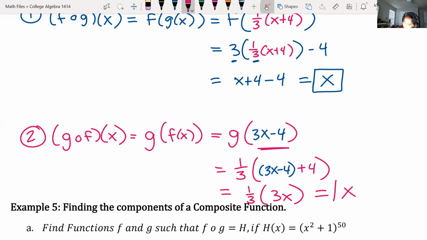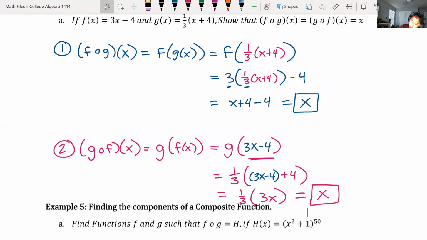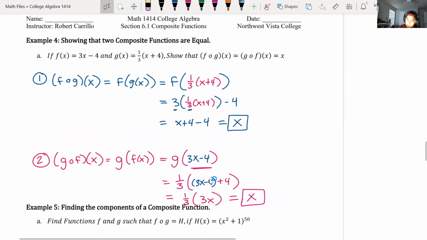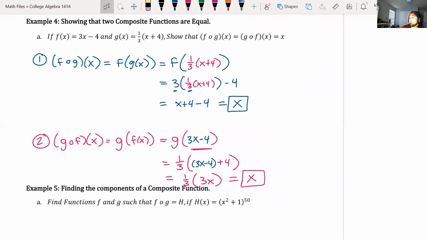So we're left again with x. All right. So by compositions, we have shown that f compose g of x and g compose f of x are both equivalent because we arrive at the answer of x.